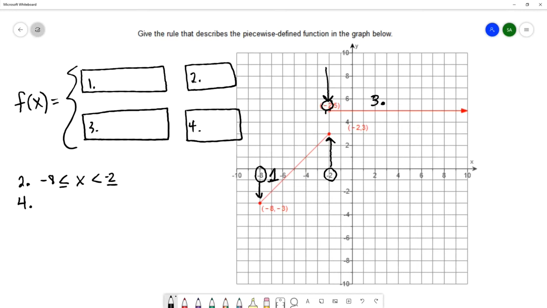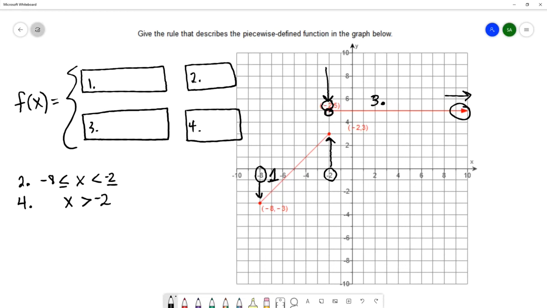This time there's an open circle on the end, and this arrow indicates that it goes on forever. So my x is going to be greater than -2, and I'm not including an equal to on this one because that endpoint is not included. So those are the conditions for the two equations.